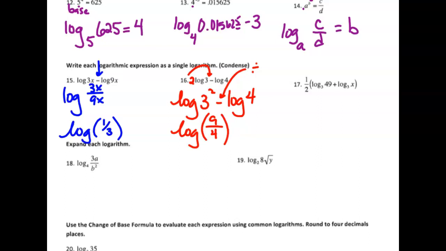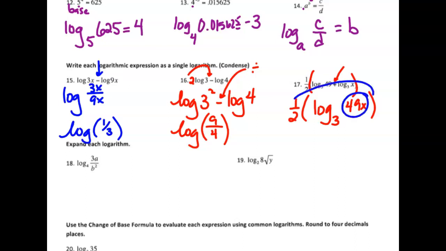For number 17, we do have to condense. We have an addition here, so that's going to condense down into multiplication. The 1/2 on the outside applies to all of this. So we're going to condense it first. We'd have log base 3 of 49 times x. And then the 1/2 means we're putting that back as a power of this 49x.